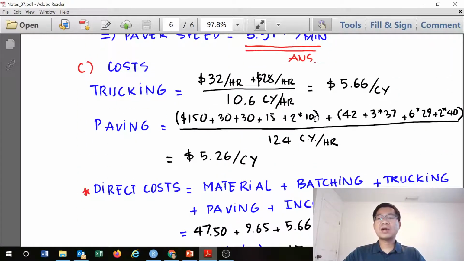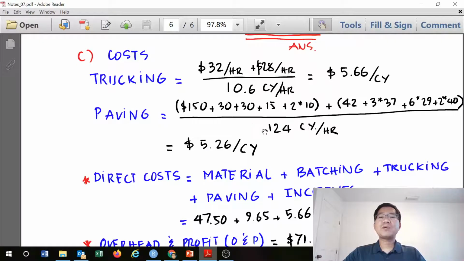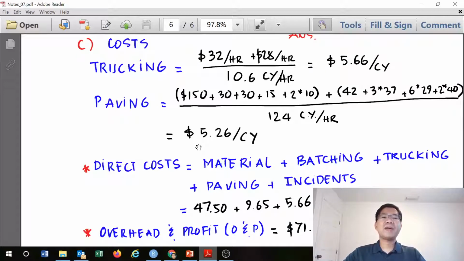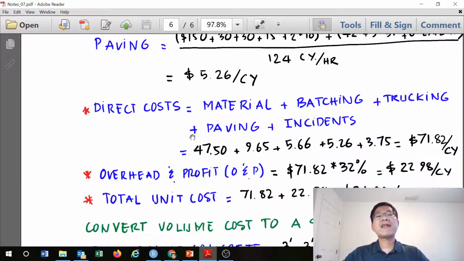That crew, including equipment for paving and the labor crew, produces 124 cubic yard per hour. Then we divide, and we get the unit cost for paving, including equipment and labor, of $5.26 per cubic yard.